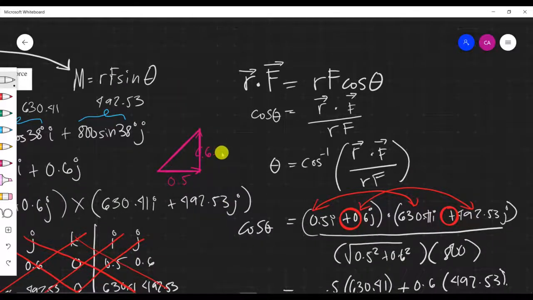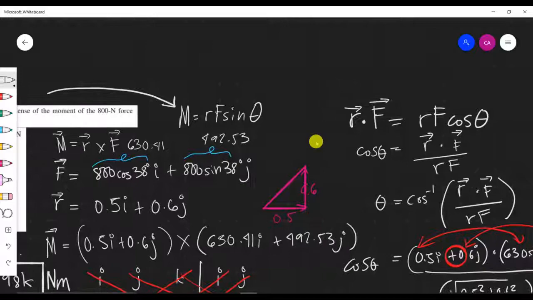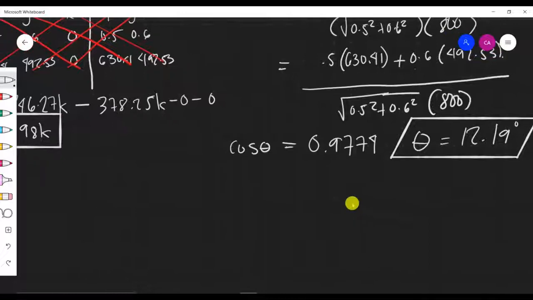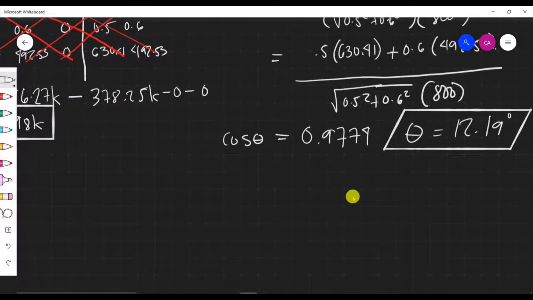So, balik tayo dito sa equation. Okay? So, the magnitude M is equals to R F sine theta. Walang arrow sa ibabaw, so magnitude lahat yan.